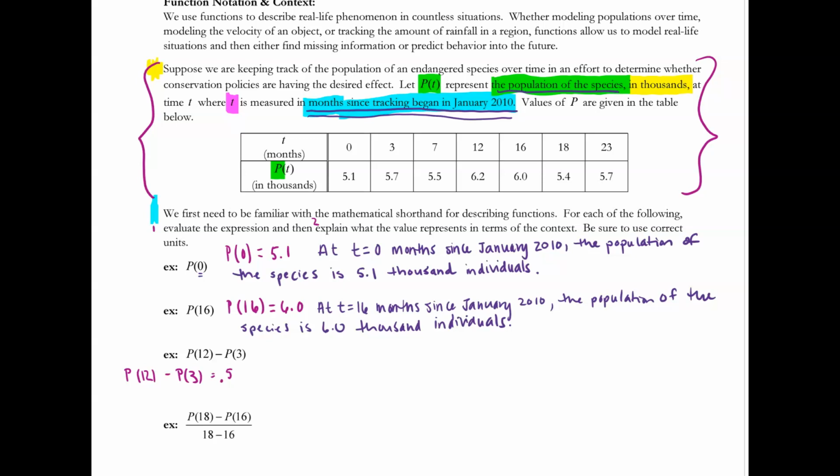I'm going to say between 3 and 12 months. So in context, I'm going to say between t equals 3 and t equals 12, let's say months, say like since January 2010. I'm just abbreviating for time here.